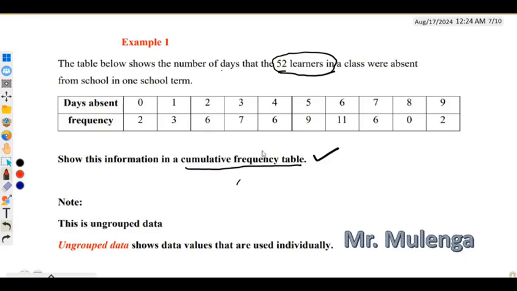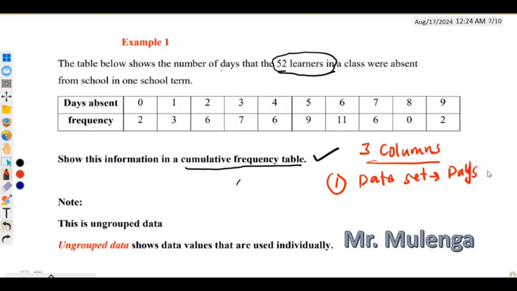So remember, to show this information in a cumulative frequency table, you are going to draw a table that will consist of how many columns? 3 columns. Then the first column should have the data set, which in this case will be days absent. Then the second column should consist of the frequency.